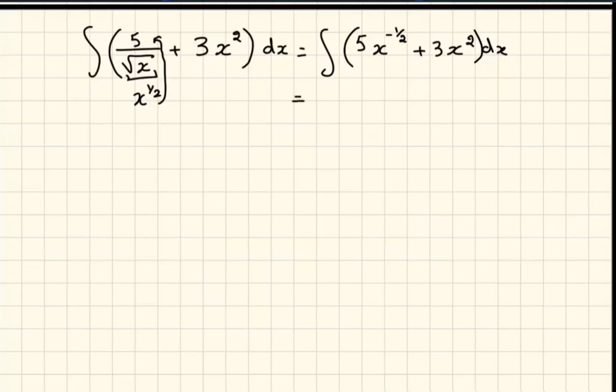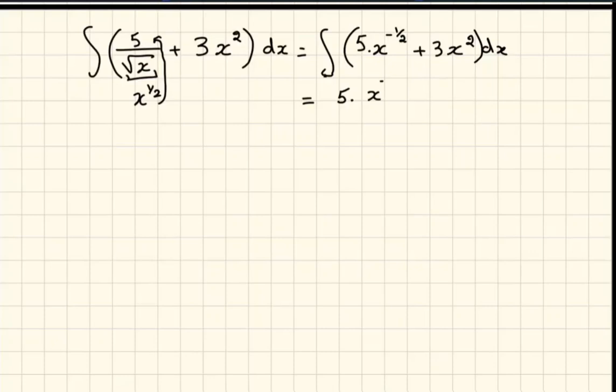Now, either you separate and write each one like this, but no need, as I said. I don't want you to do these steps, so what you need to do is the following. If a number is multiplied by x while you're doing the integral, just rewrite it as it is and do the integral of x exponent negative half only.